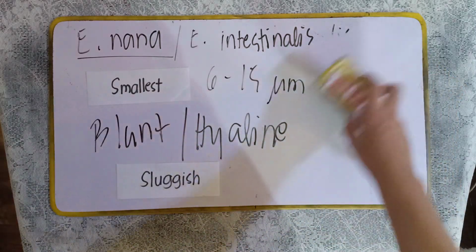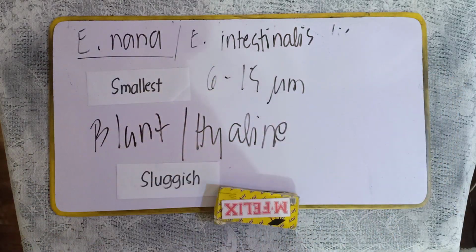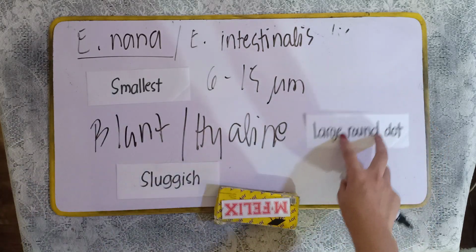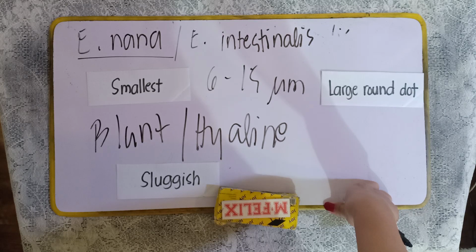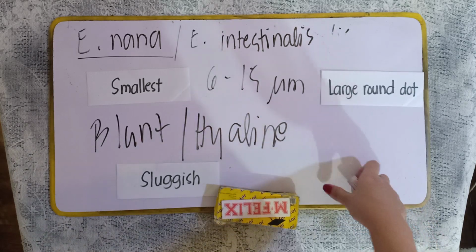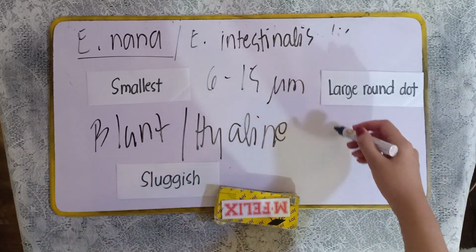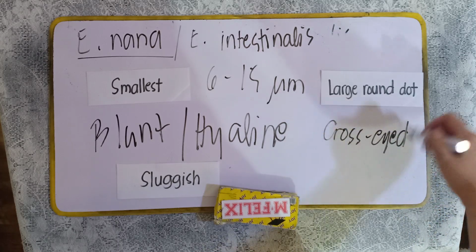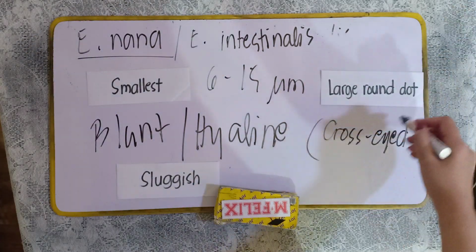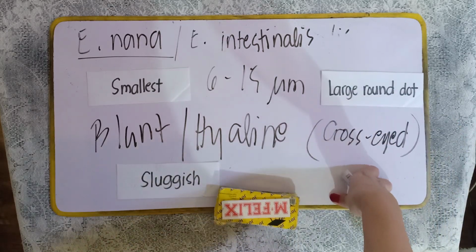The caryosome of the nucleus appears as a large round dot, giving them an appearance of being cross-eyed, duling, especially their cyst. Kaya tinawag yan na cross-eyed cyst parasite.